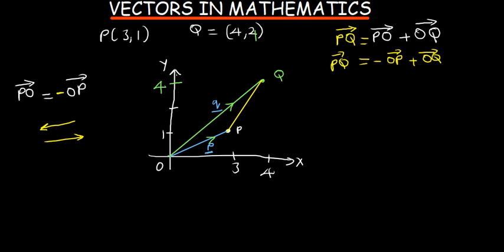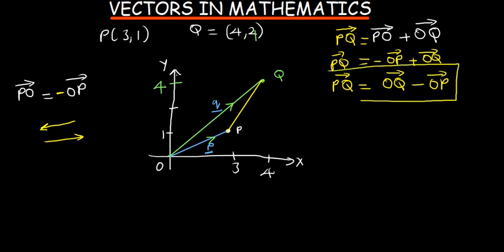Yes, it's okay. I can again write this as PQ is equal to, I'm going to start with this one because it's positive. So PQ is equal to OQ, and then I'll write this one which is negative, minus OP. So this is how we are able to express PQ.